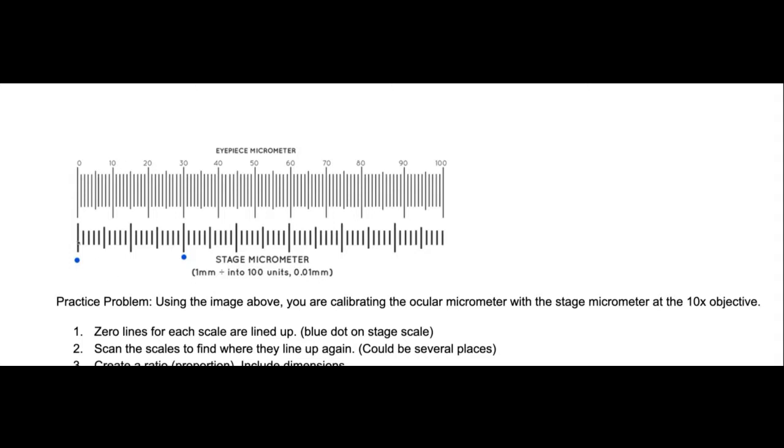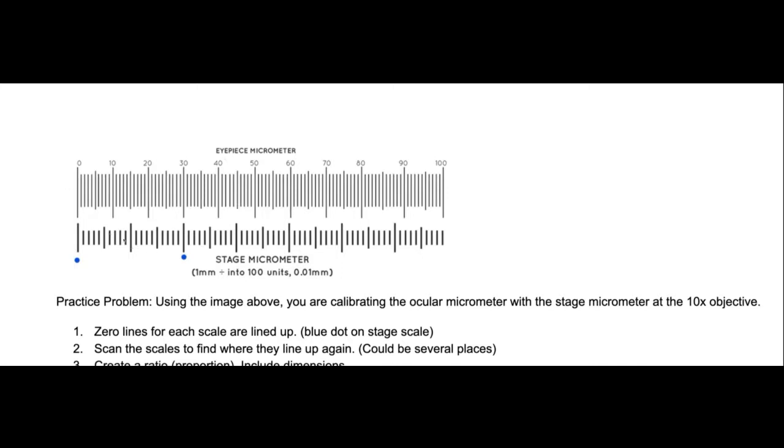So if we count how many tick marks there are, matching up our ruler, we want to see where one of those major tick marks line up on our ruler with one of the major tick marks in the ocular unit, the eyepiece micrometer.